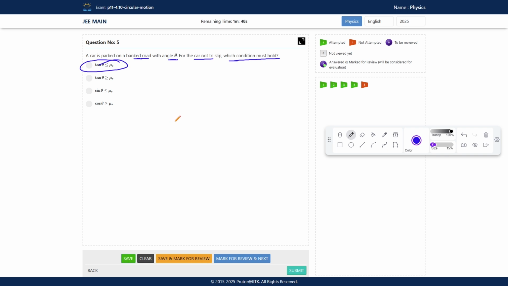Condition for no slipping. Which one is correct? Yes. Please give answer.